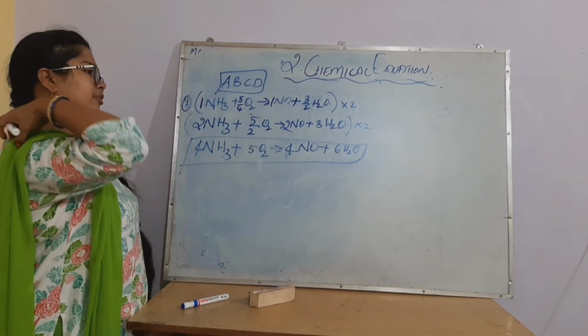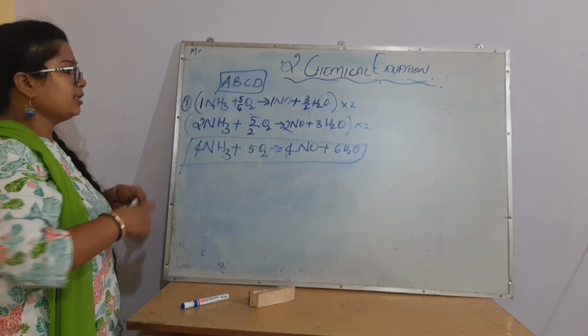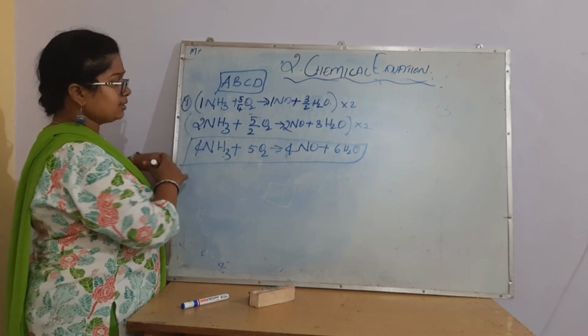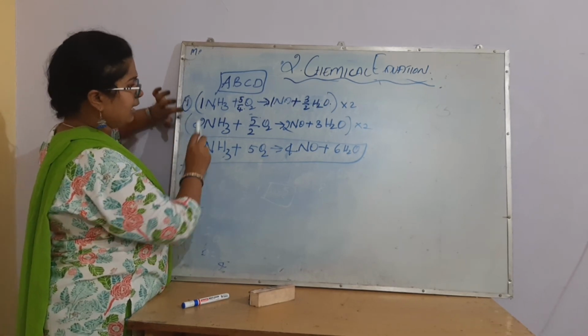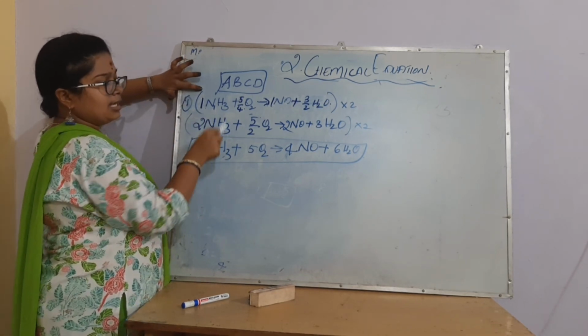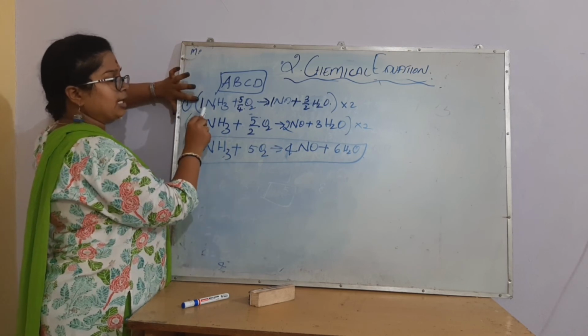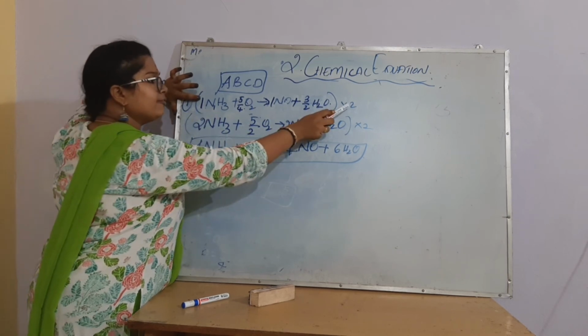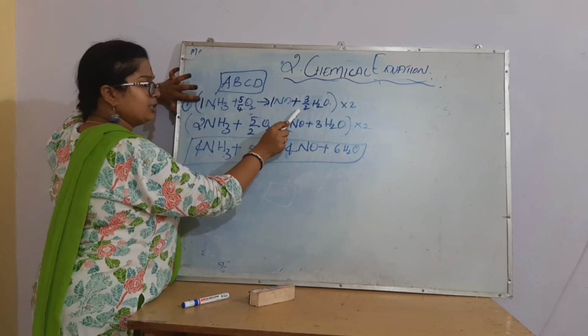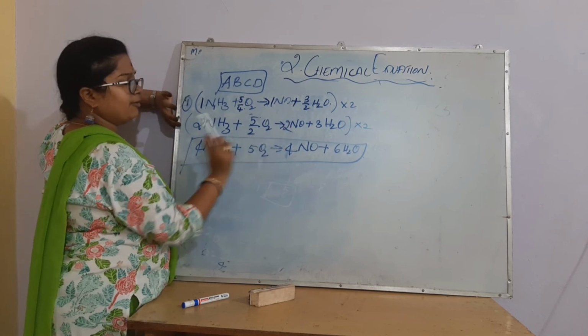Once again I am going to explain, please listen. I did the ABCD method and got fractions. If I multiply by 2, I can remove them.